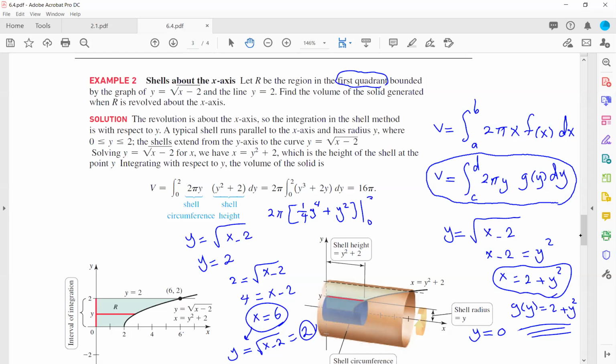Y ranges between 0 to 2. Since you have variables in both terms, by plugging in 0, you get 0. So just plug in 2. 2 raised to 4 is 16. 16 divided by 4 is 4, plus 4 is 8. 8 times 2 is 16. And 16 pi is the volume.